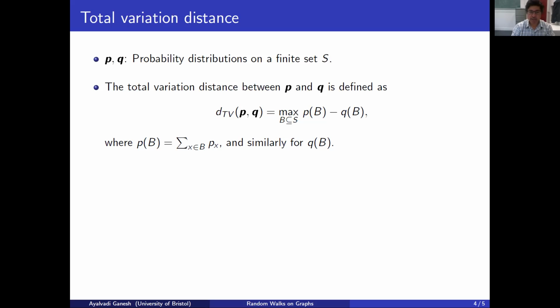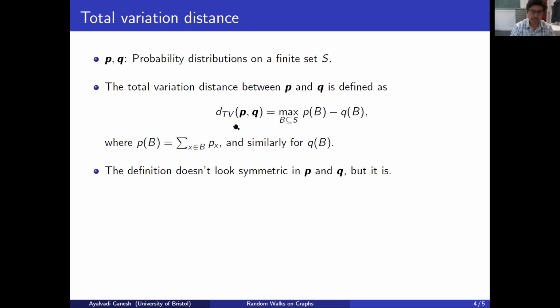Take a moment to make sure you understand this. You might notice one thing immediately: the order in which I write P and Q here seems to matter. The definition doesn't look symmetric in P and Q. In fact, it turns out it is symmetric, and we'll show that in a bit.